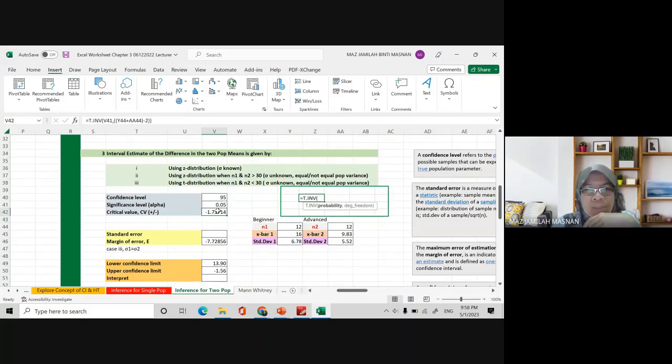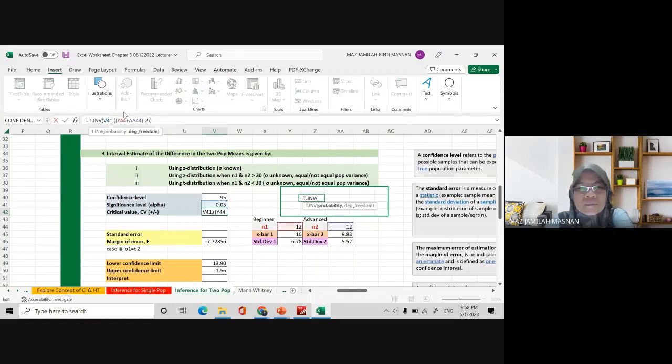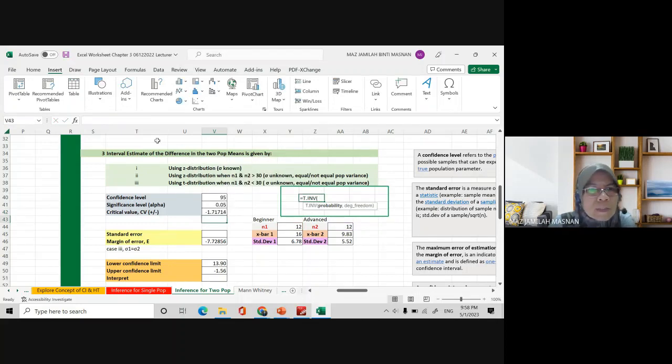Okay, what happened here? Is there anything wrong? Let's say I close the bracket here. The bracket is not correct.